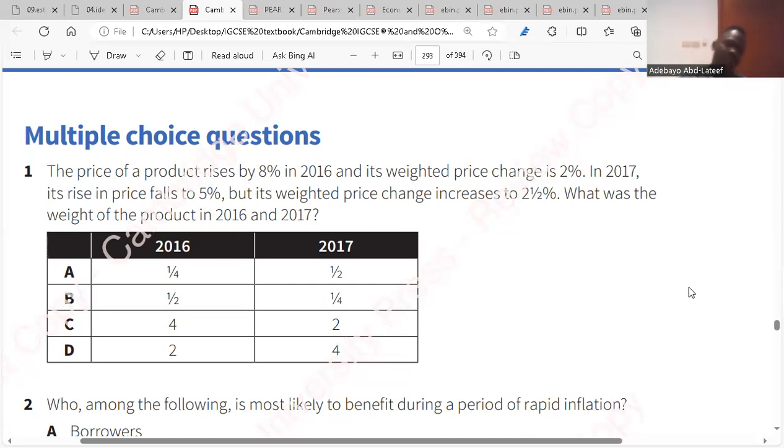So C. Is it clear? Can you explain how you got it? The base year divided by the current year. They did the calculation already. 8% is the increase for last year, over 2, which is the price change. Yes, and then the same thing. Yeah, I get it.